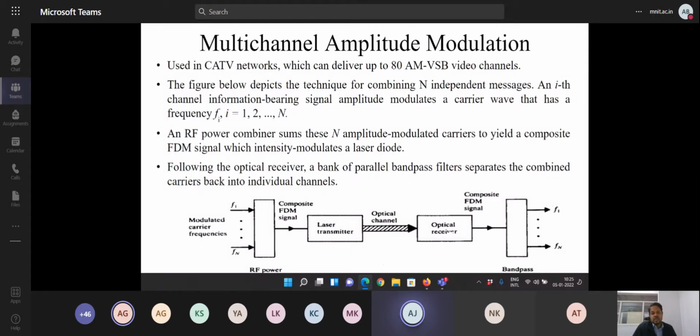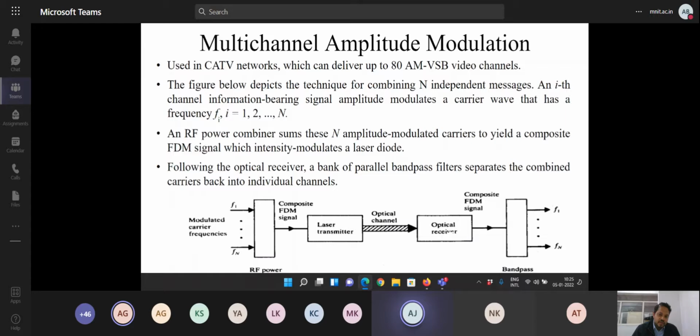These days, of course, satellite transmissions are much more popular, but before that, the cable networks were using optical fiber as a channel whenever the distance of transmission was very high.